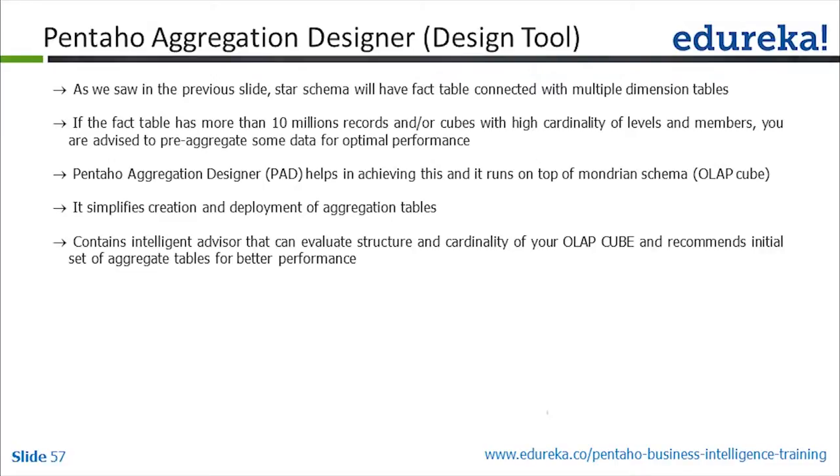So aggregation is basically looking at some consolidated figure on top of that transactional data. Pentaho Aggregation Designer helps in achieving this, and it runs on top of the Mondrian schema OLAP cube.